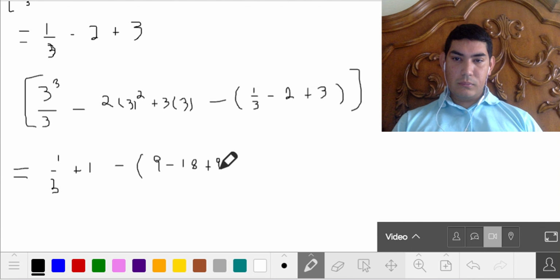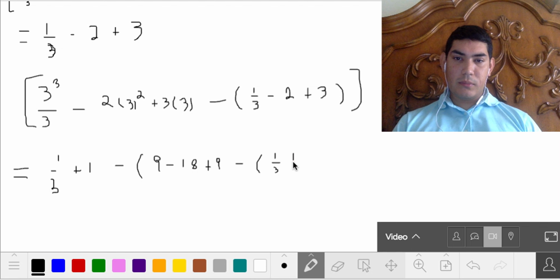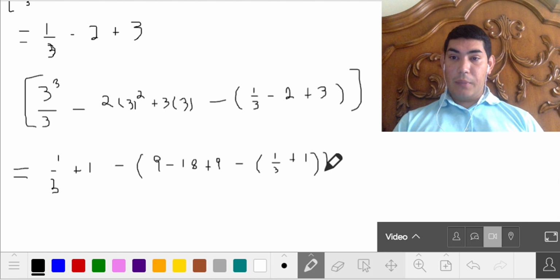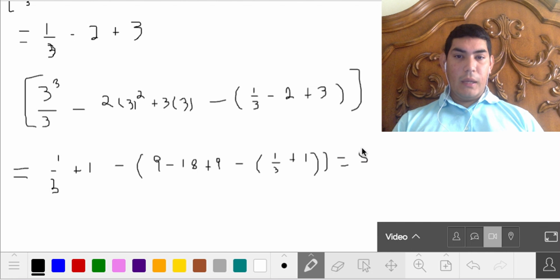Minus 1/3 plus 1, because negative 2 plus 3 equals 1. If we calculate that, I'm going to leave you to double check that math. It's going to be equal to 8/3 as our solution for this integral. Hopefully it was pretty understandable answering this problem. Hopefully it was of great help. Thank you.